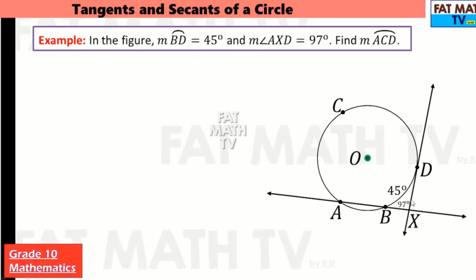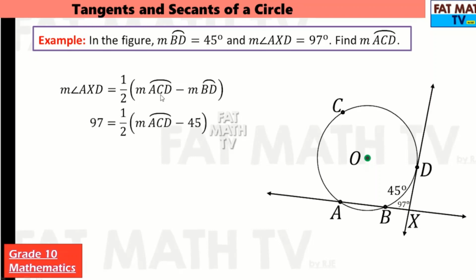Measure of angle AXD is 97 degrees. Find the measure of the bigger arc ACD. So same formula. The measure of the angle is half the difference of the two intercepted arcs. Measure of AXD is 97 here, and that is equal to 1/2 the measure of arc ACD minus arc BD.